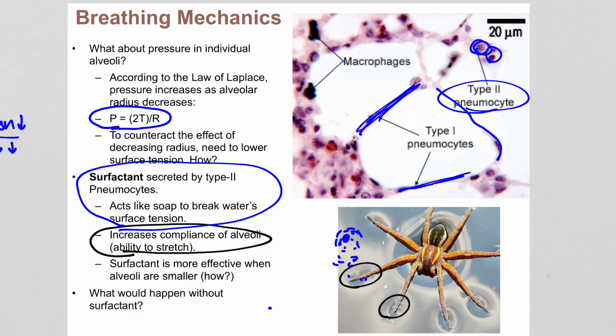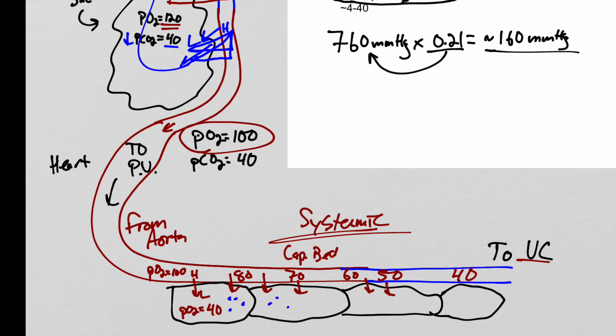They're basically a little CO2 factory because CO2 is a normal waste product of cellular respiration. And so your CO2 comes in at 40. It only goes out at 45 because a lot of the CO2 is transported as bicarbonate or bound to hemoglobin. And so the actual PCO2 doesn't go up much because the CO2 gets stored in other ways, but it's there.